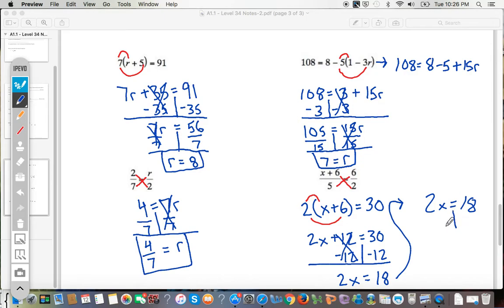Draw my t, should be the last one. Divide by 2 to get x by itself on this side and that side. 2's cancel, so I have x equals 18 divided by 2, which of course we know is 9. Great. Give you a second to write that down.